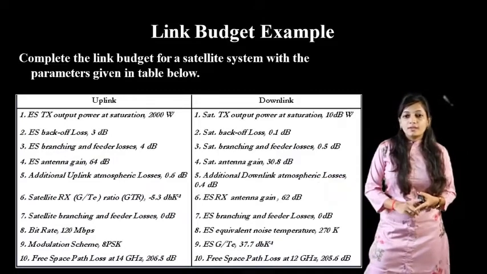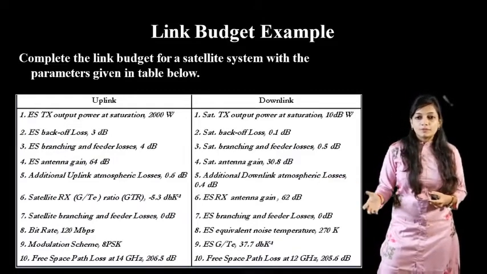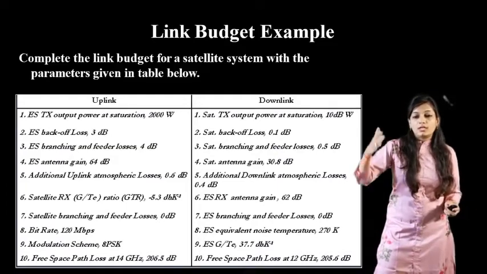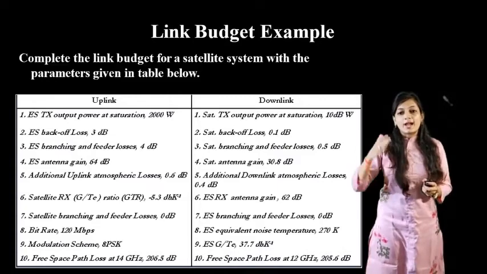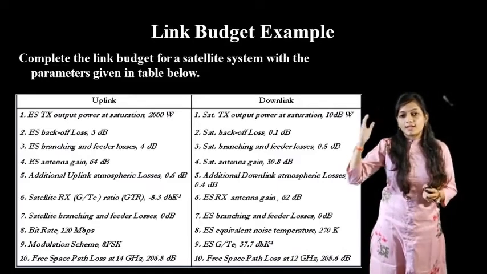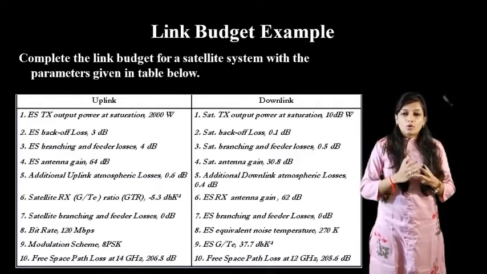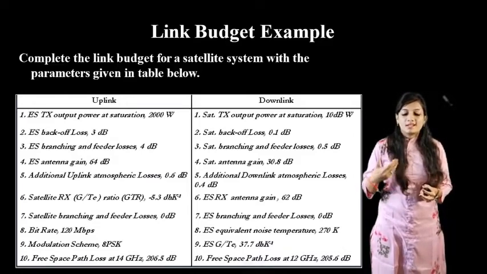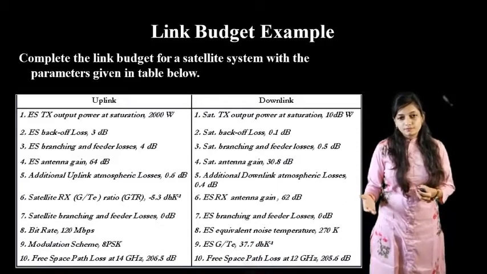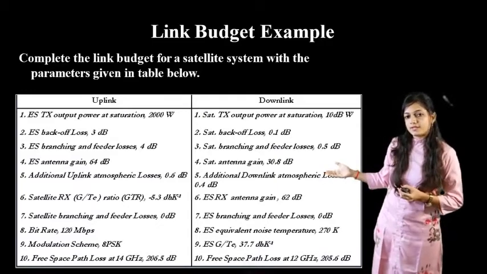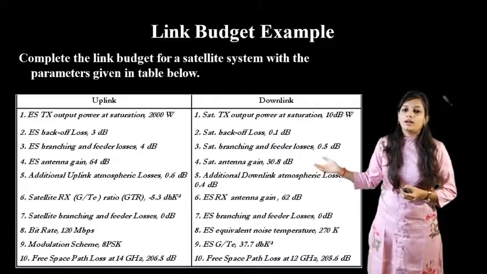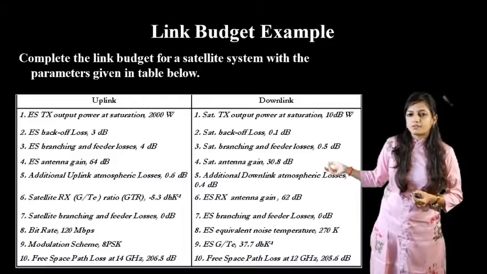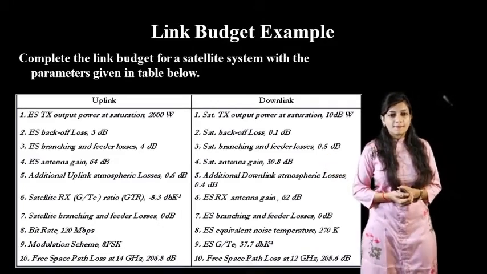As we have discussed, we are able to transmit a high power at the earth station, and we are not able to fit a high power amplifier on the satellite, because it will cause the cost of the satellite to increase and my satellite becomes bulkier. So the gain of the receiving antenna will be 30.8 dB, which is half the gain of the transmitting antenna.